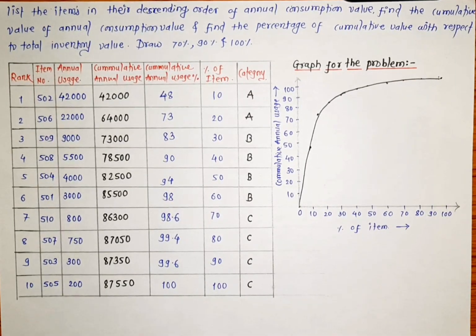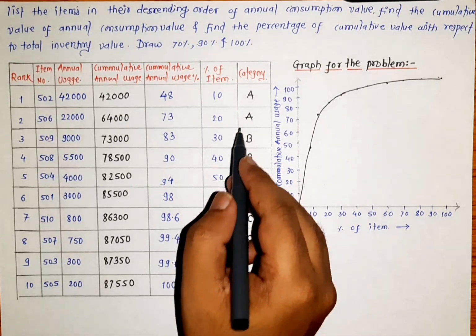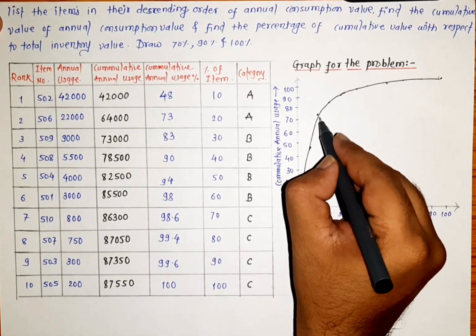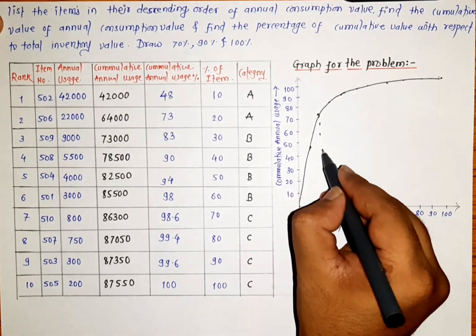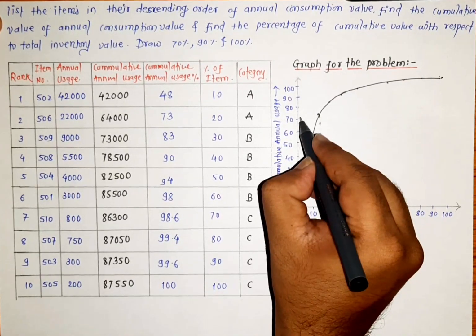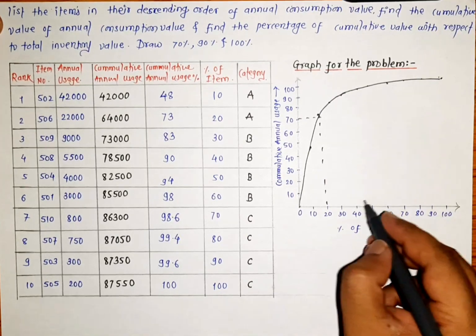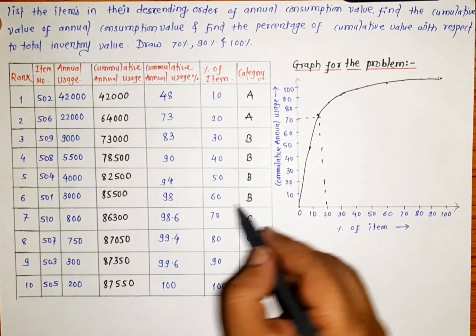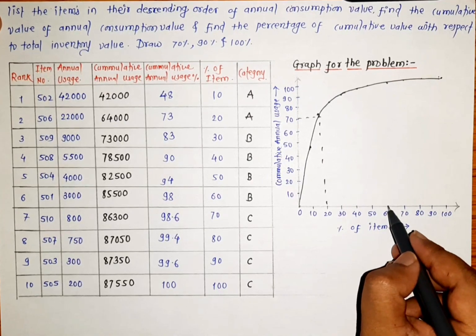So now we want to categorize it. So for A category, this is 70 somewhere. So just draw a line for this 20%. For next B, that is up to 98, up to 60.